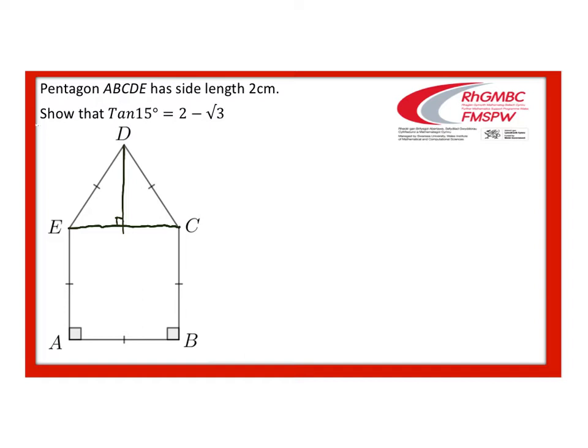Now, if I start labelling some of the sides, I know all of these sides with the line are 2. So I know that this here is a 1, I know this is a 2. Okay, so I'm just focusing on the triangles for the time being. If I've taken an equilateral triangle, what I've actually done there is I've split this, so we've got a 60-degree angle down at E and two 30-degree angles up at D. Still wondering how I'm going to find this 15-degree angle though.